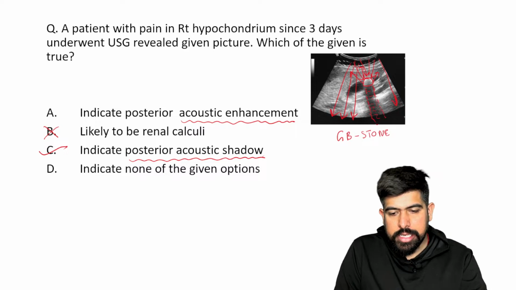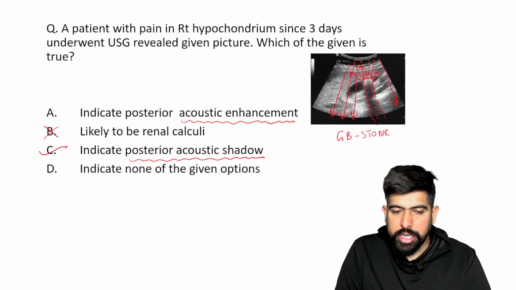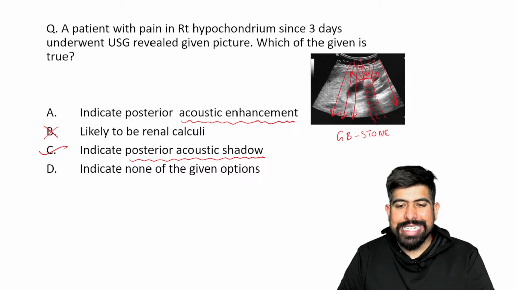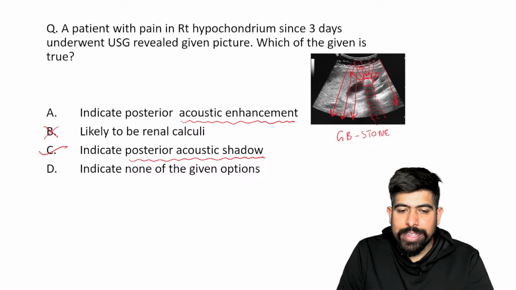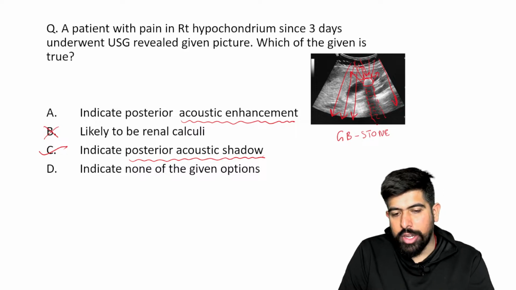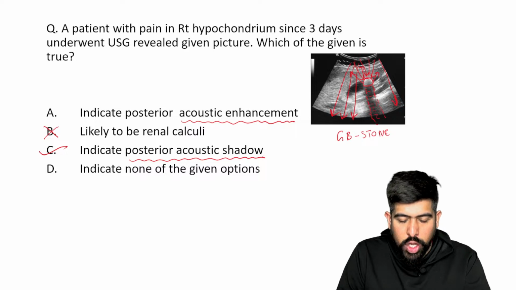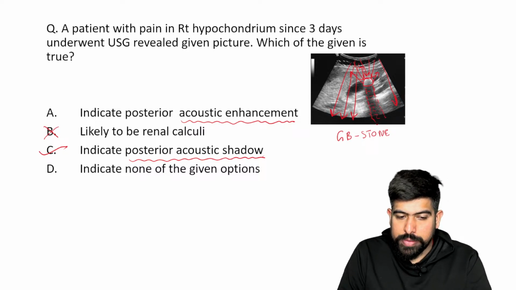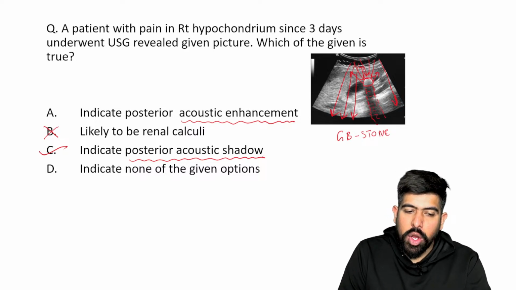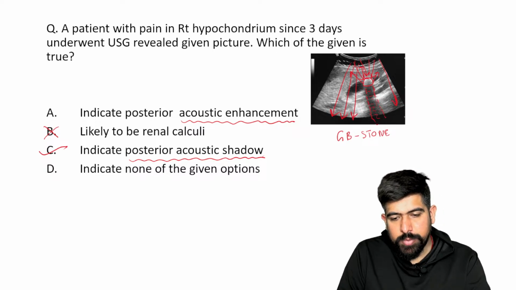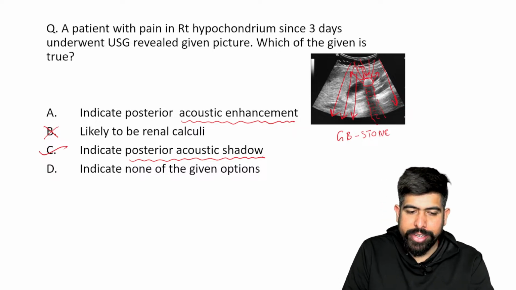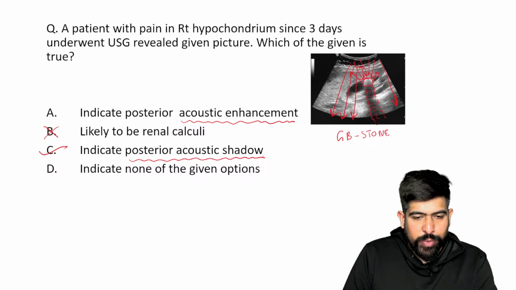Okay, is it clear to you, guys? So option C is the correct answer, that it indicates the posterior acoustic shadow. And of course, by seeing the ultrasound, you identify that this is a gallbladder stone. Very good, doctors. Should we move forward?